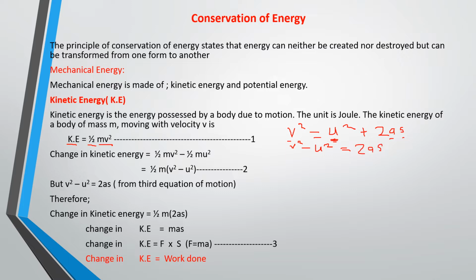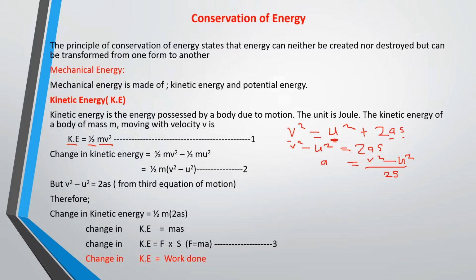So with this we can make the acceleration the subject of the formula: a equals v squared minus u squared all over 2s.